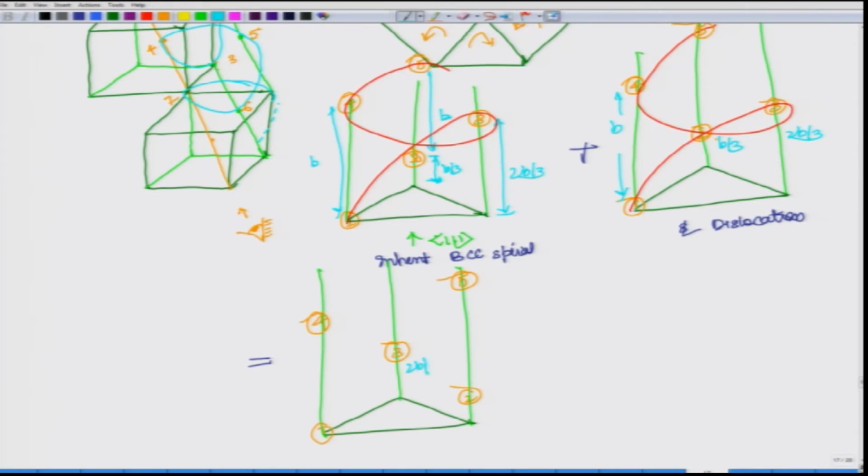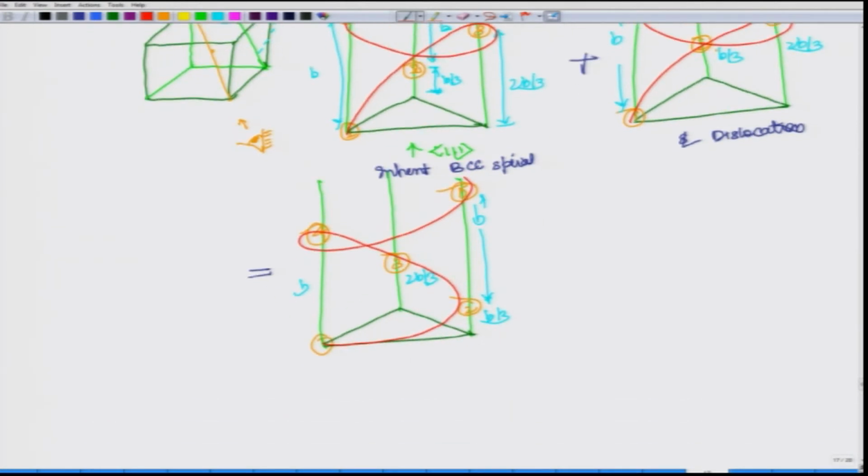This is now 2 b by 3, this is b by 3 and this is b, and this whole is b, and therefore, a spiral character is still there, but now the direction of the spiral character has changed. So, the summation of these two is possible, when this comes closer to this it becomes a spiral of different kind, and therefore, this is still a dislocation structure present over here, and this is a possible scenario.